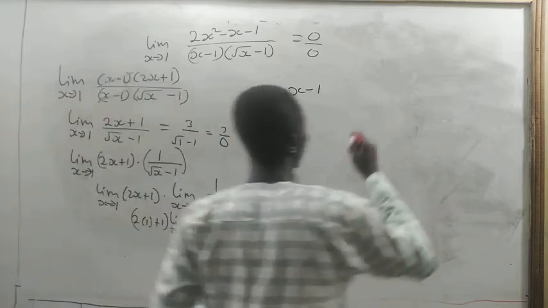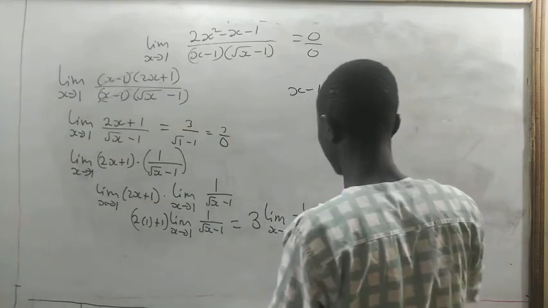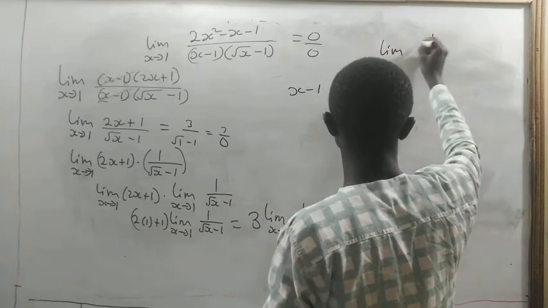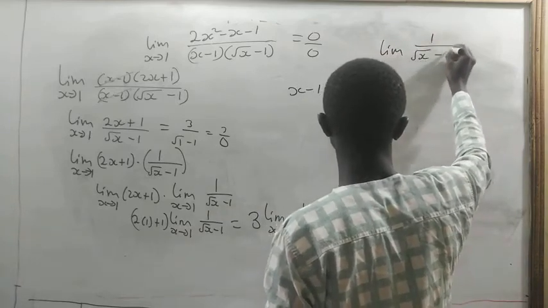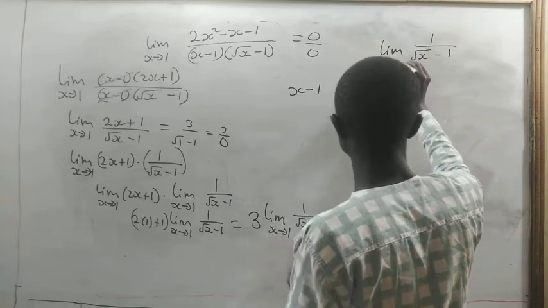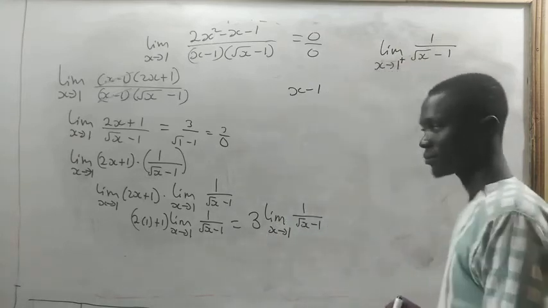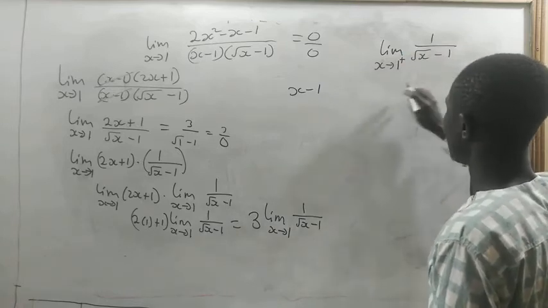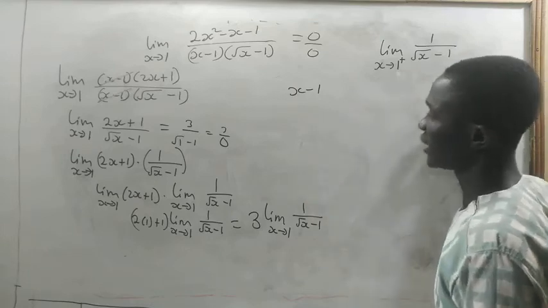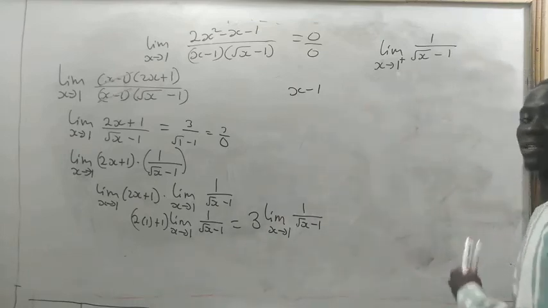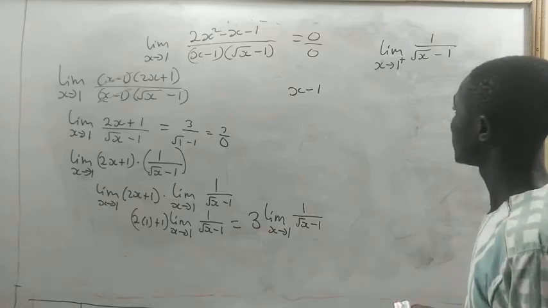So we are going to consider the limit of 1 divided by square root of x minus 1 as x approaches positive 1 from the right hand side. Then after that, we look at the limit as x approaches 1 from the negative side, from the left side.